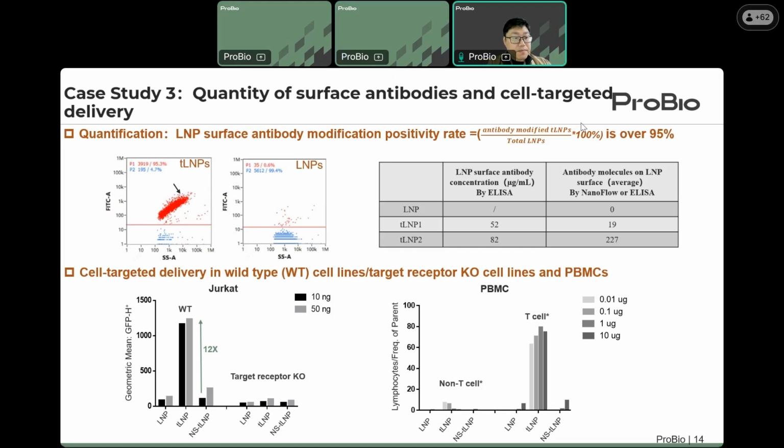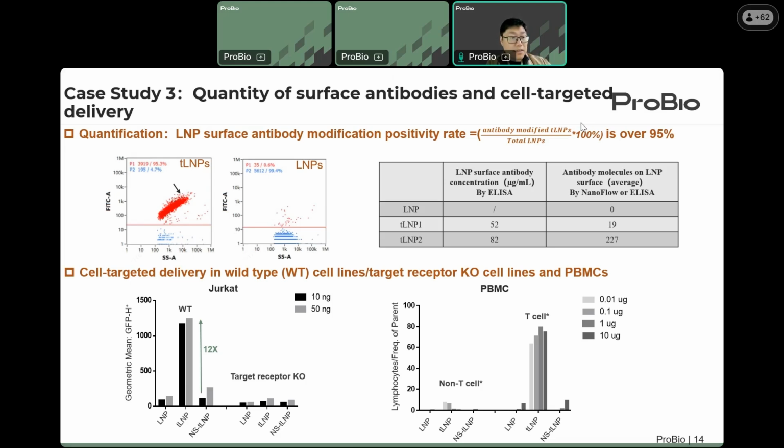Whether it's treated or activated or not. I think it's activated. Yes, the PBMC cells are pre-activated.